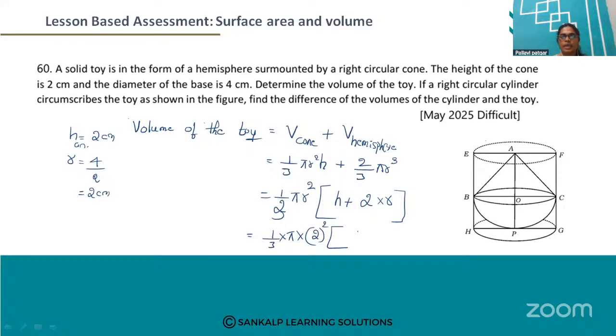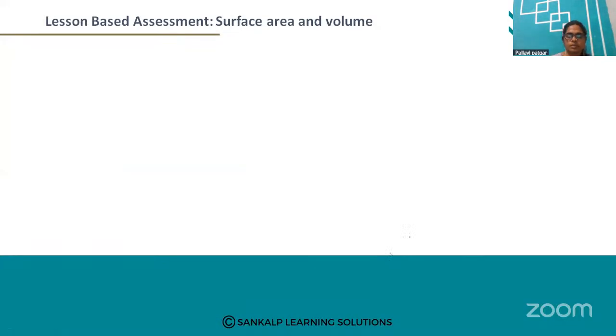H is the height. The height of the cone is 2 centimeter plus 2 into r, the radius of this hemisphere, is 2. So this is equal to 1 by 3 into pi into 2 2s are 4 into 2 plus 4. So this is equal to 4 by 3 pi into 6.